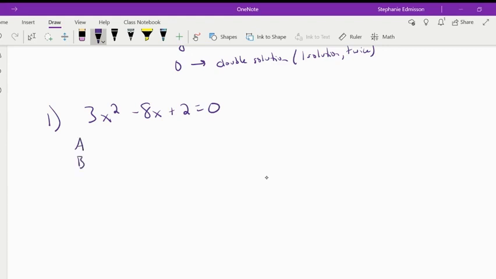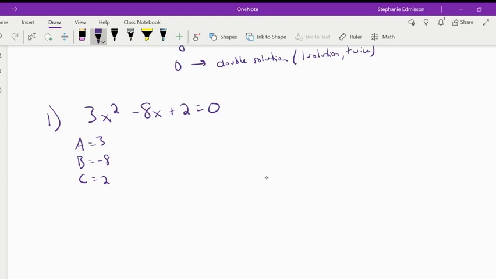A equals 3, B is negative 8, and C is 2. If you forgot that, that's based off of the standard form of our quadratic. The value in front of the x squared is the a, the value in front of x is the b, and the last value, the one without an x, is c.